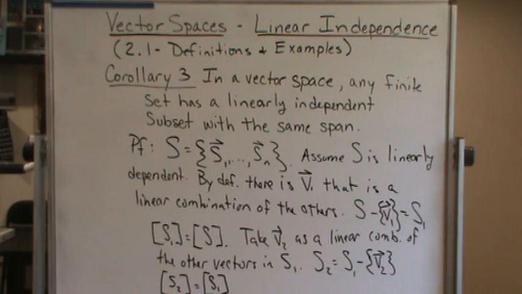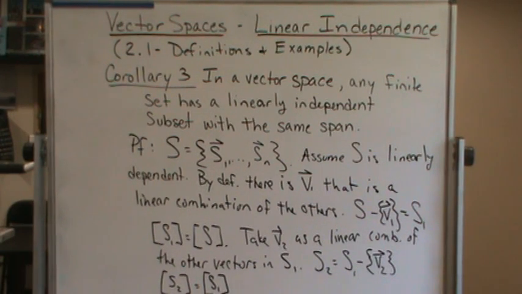So now what happens with S2? We're going to keep repeating the steps. If S2 is linearly independent, we're done. If it's not, then the span doesn't shrink, and the span of S2 is equal to the span of S1.